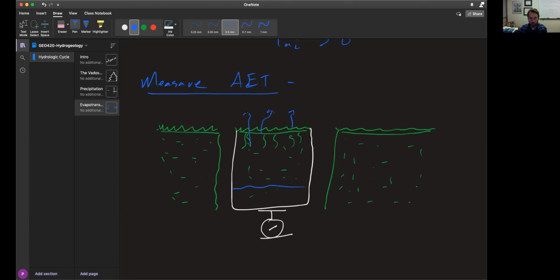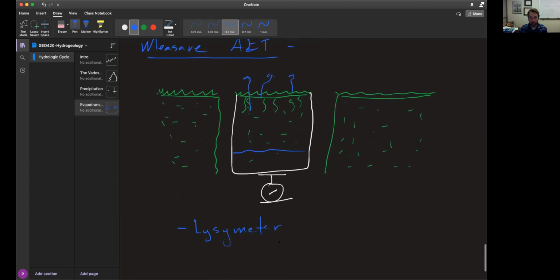And as we lose water to ET, the bucket will weigh less and less. All right. So this is called a lysimeter. And it essentially measures AET. All right. And we can do it by weight. There's other ways we can measure it, but the weighing lysimeter, where we just weigh the bucket, is probably the most accurate.